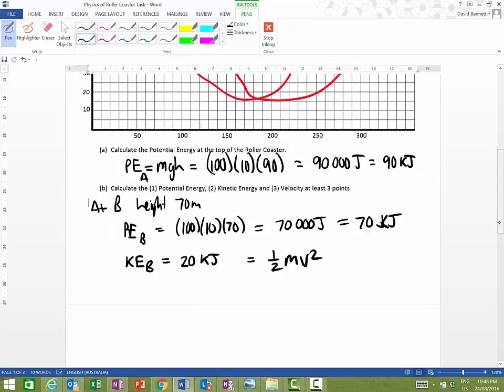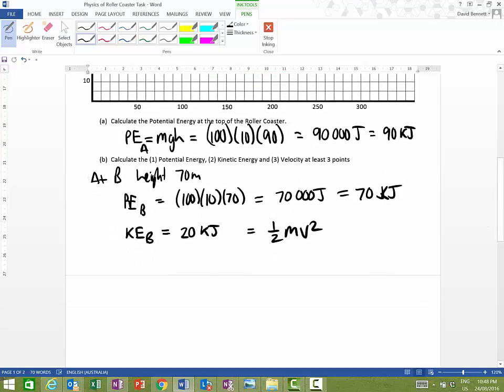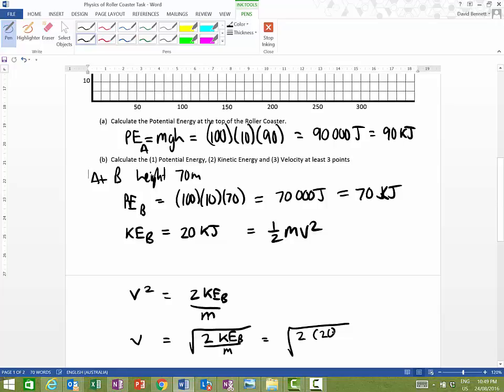So the first thing I want to do is rearrange that equation to work out what the velocity is. So the first thing I'm going to do here is go velocity squared. Now I'm going to bring the 2 up to the top line, so it's going to be 2 lots of kinetic energy at B, and I'm going to bring the mass down to the bottom line. So that's going to give me my v squared, and so v is going to be equal to the square root of 2 times kinetic energy of B over the mass. 2 lots of 20,000 joules all over 100, because that's what the mass is.